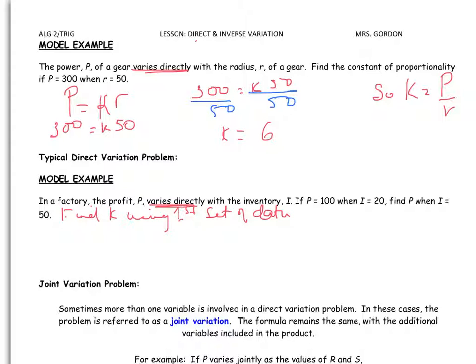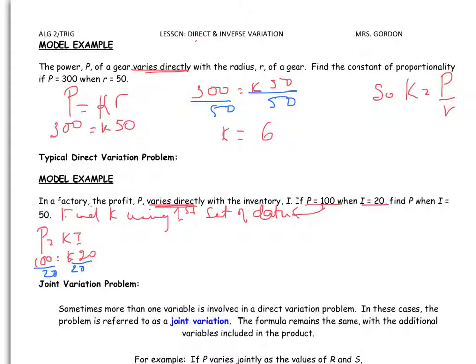And our first set of data is P is 100 and I is 20. So P is equal to k times I. P is 100, k we don't know, I is 20. We're going to divide by 20 to find out what k is.